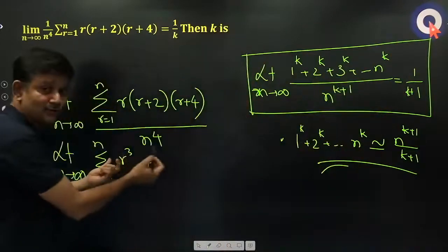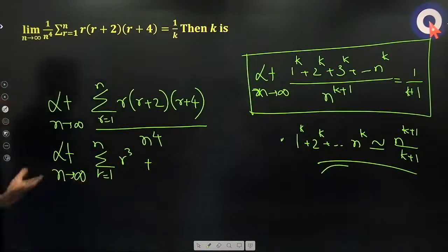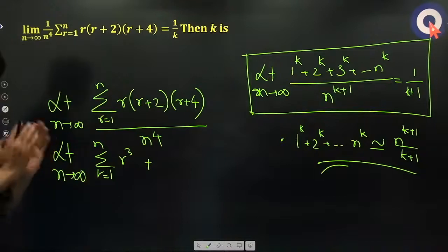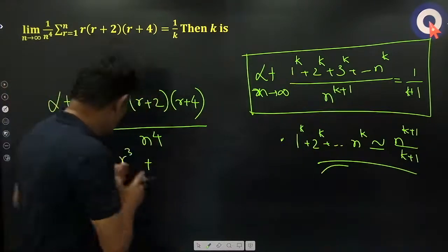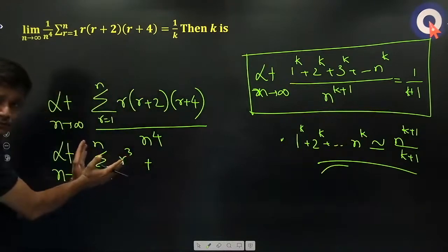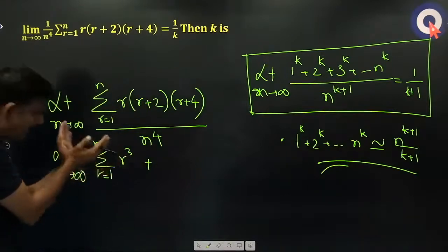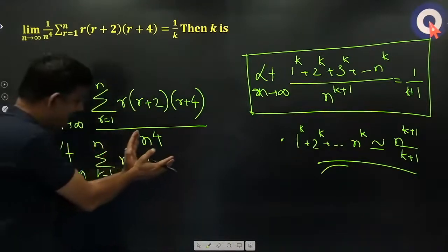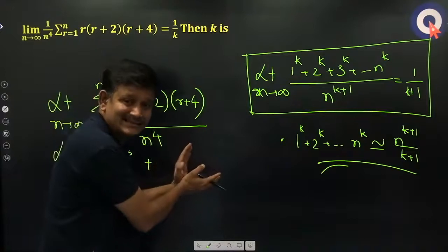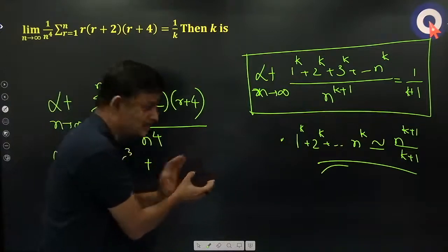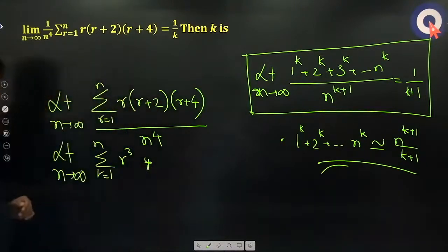And n power 4 के सामने n cube क्या होगा when n is infinitely large number? Because n is an infinitely large number and this is equivalent to n power 4, while n power 4 is there, will n cube make any sense in the question? Absolutely no. So simply ignore the term sigma r square.